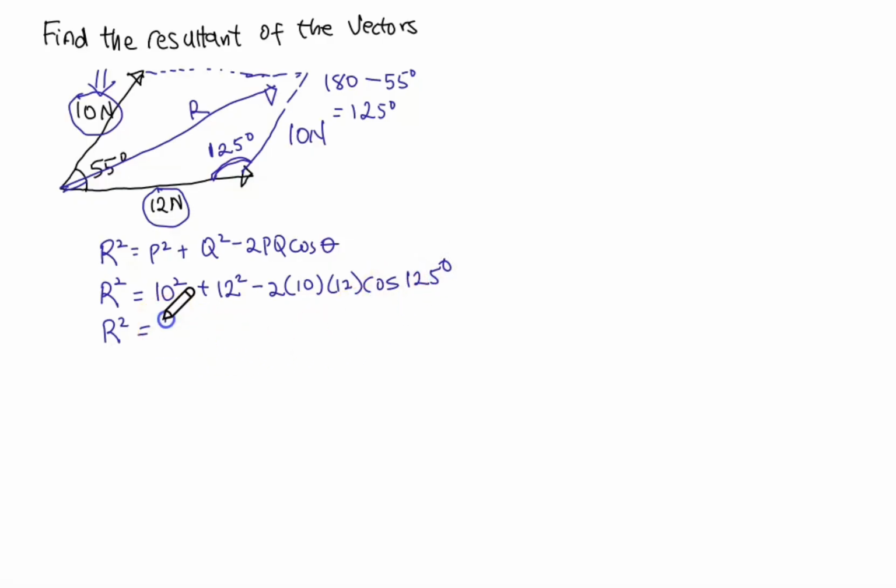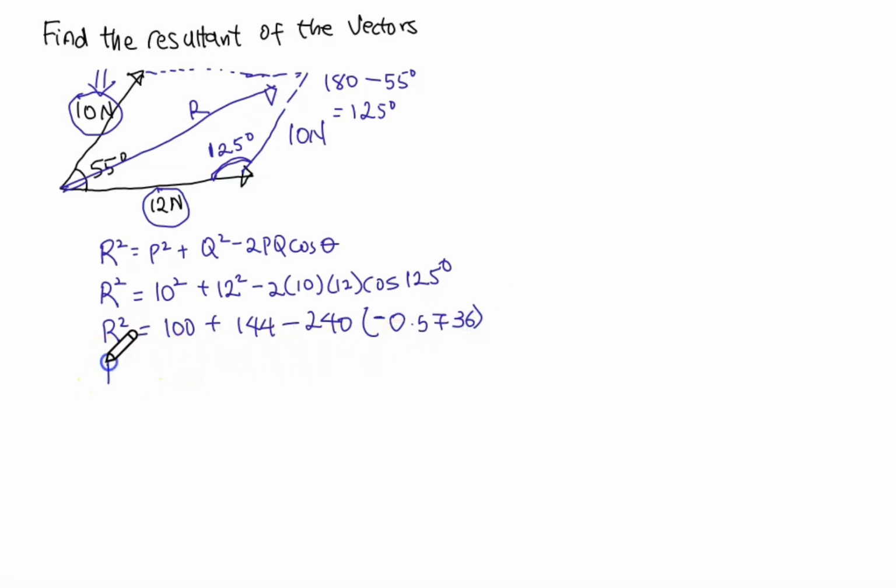So we have 10 squared to be 100, then 12 squared is 144, minus 2 times 10 times 12, which gives us 240, and the value of cos 125 is negative 0.5736.